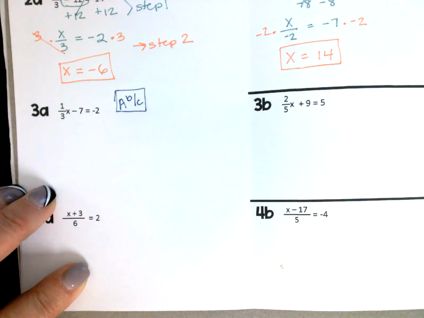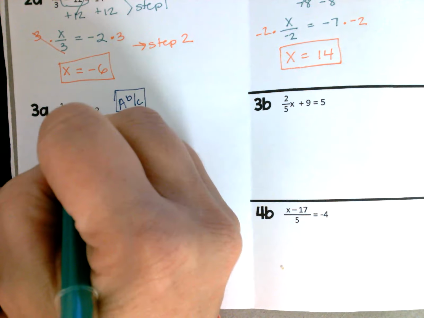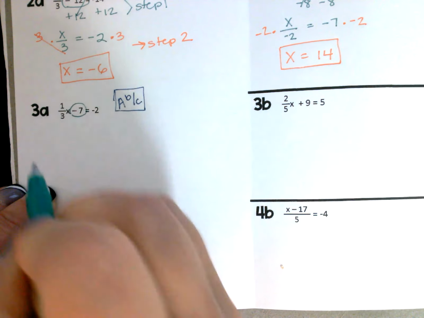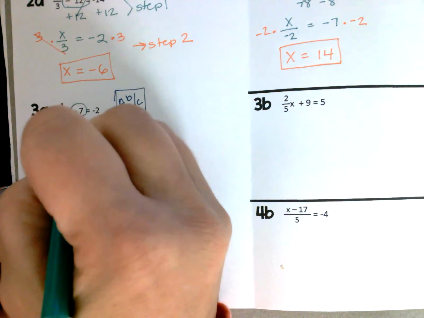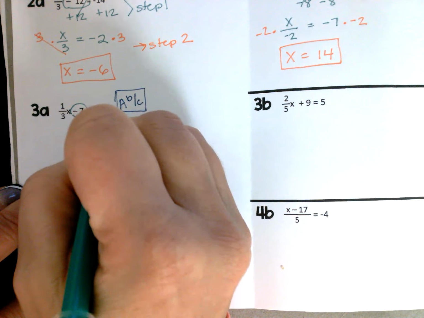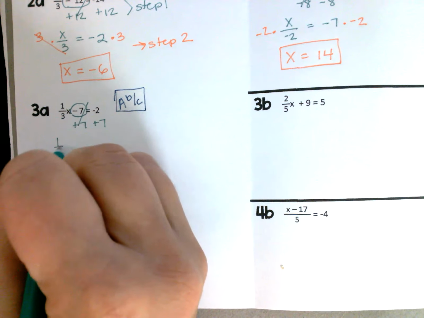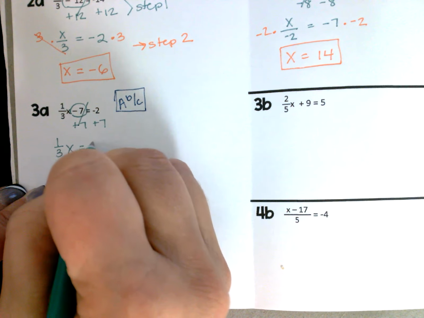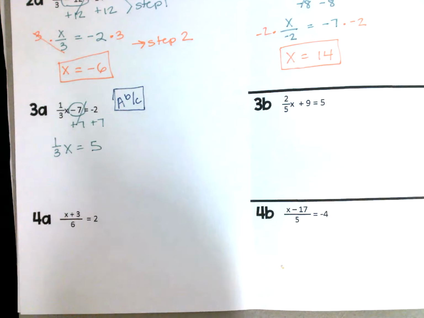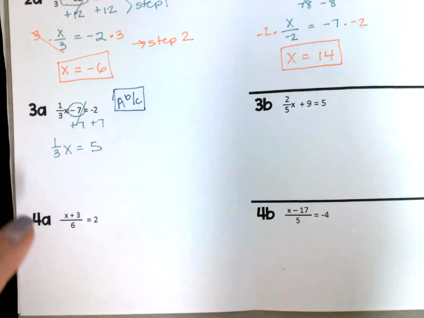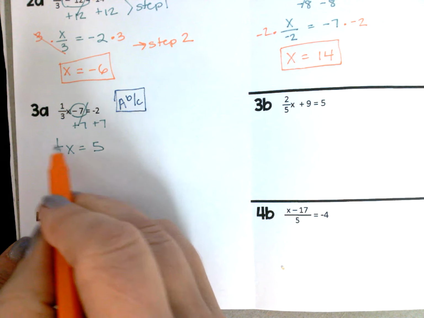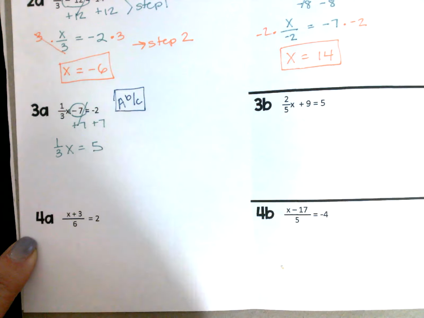So it is still a 2-step equation. I'm going to undo my subtract 7 by add 7. I have 1/3 x equals 5. That is step 1. This x is next to the fraction, not in the fraction, so that tells me it's a multiplication problem.